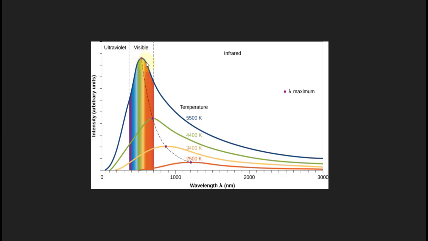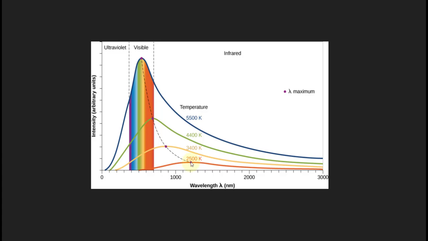First of all, we notice that the curve of the 5500 degrees, the hotter black body, it engulfs all other curves. So all other curves are under this larger curve. And so another thing that we notice is that the peak of the curve, that's where the black body emits most of its energy.